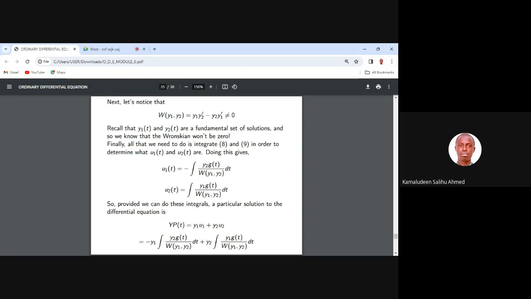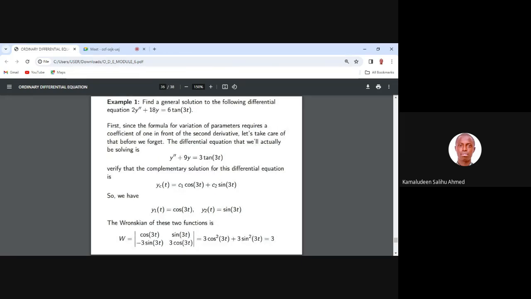This is the formula we will use anytime we approach any problem under variation of parameters. It involves integrals: you find your y, your u, and your W. I think we only have one example and only 5 minutes, so let us quickly look at it.